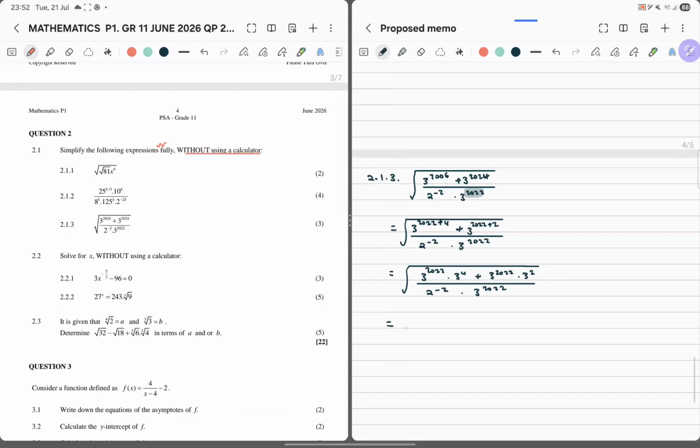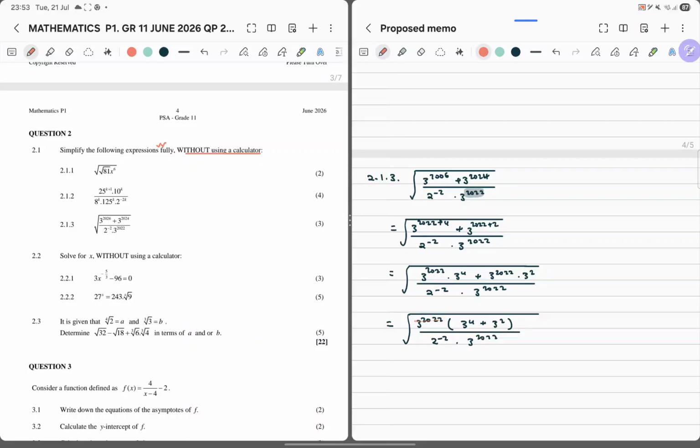Now we can see there's a highest common factor. The only annoying part of this is just the writing. It's painful, I promise you, and it's easy to make mistakes because of just the magnitude. So this is common, so we end up with 3 to the 4 plus 3 squared, all divided by 2 to the minus 2 times 3 to the 2022.